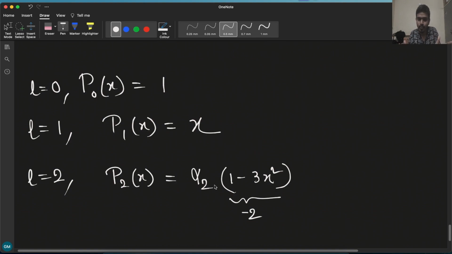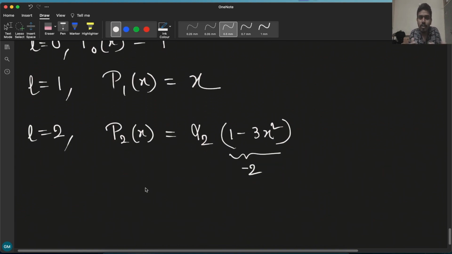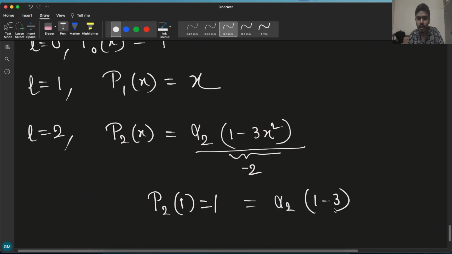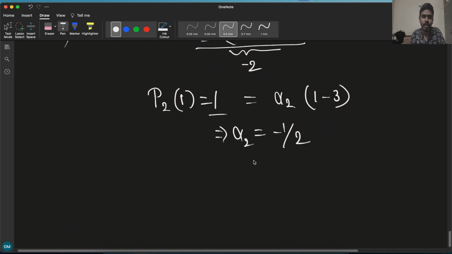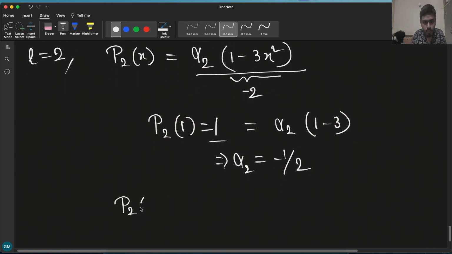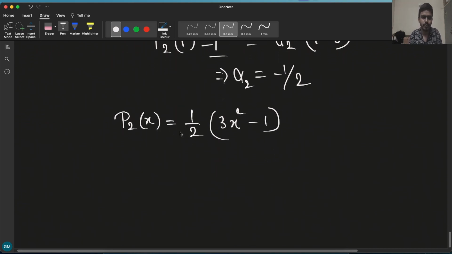Let me call it alpha 2, and let me fulfill the requirement and find the value of alpha 2. The requirement is P2(1) is 1. If I put x equals 1 in this expression, it is alpha 2 times 1 minus 3, that is minus 2, which implies alpha 2 is minus 1 by 2. So that means our P2(x) is half of 3x square minus 1.